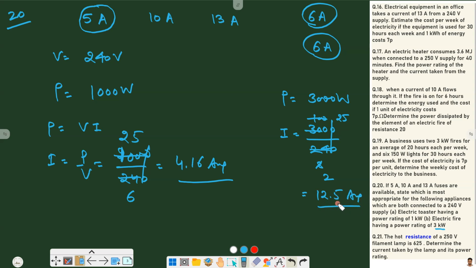For this we will choose 13 ampere fuse because its current rating matches approximately. So with this we have completed questions up to 20, and remaining questions we will do in next video.